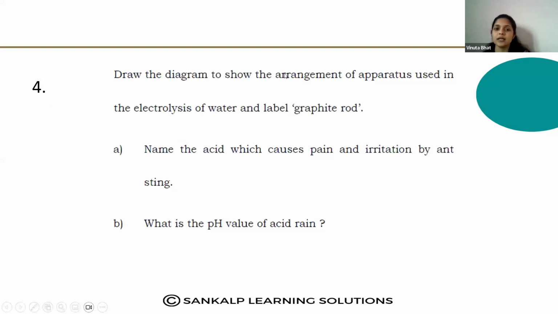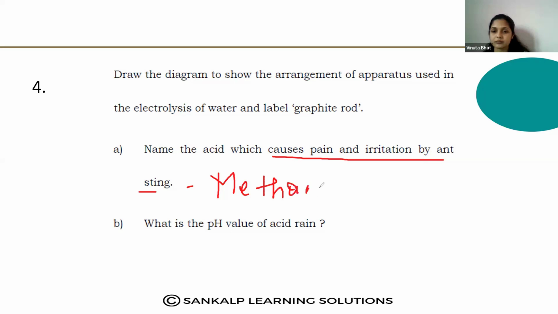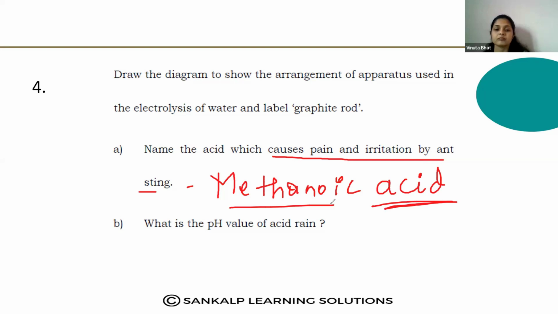Next question. Name the acid which causes the pain and irritation by the ant sting. That is the methanoic acid. What is the pH value of acid rain?